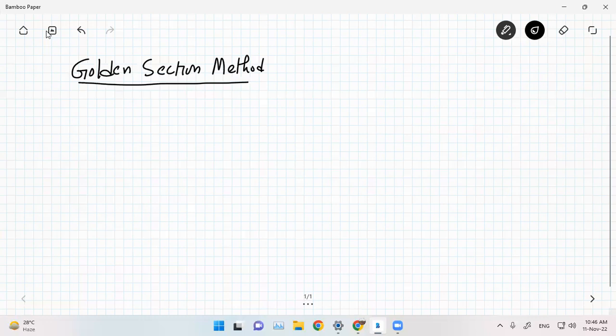So in the Fibonacci method, we have seen that L2 prime was basically Fn minus 2 by Fn L0. And the interval L2 was L0 minus L2 prime.